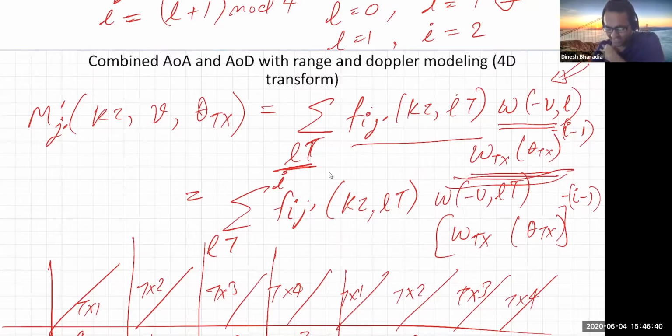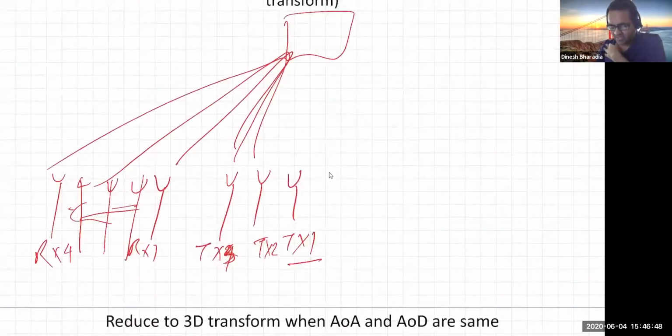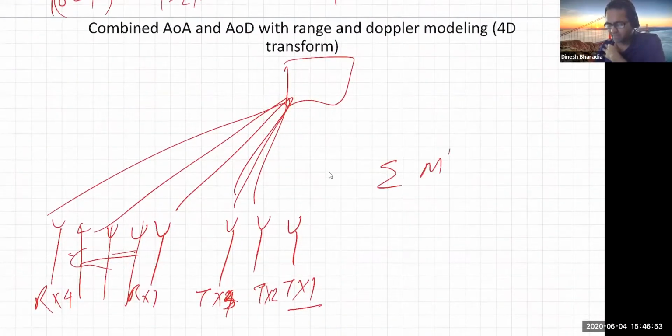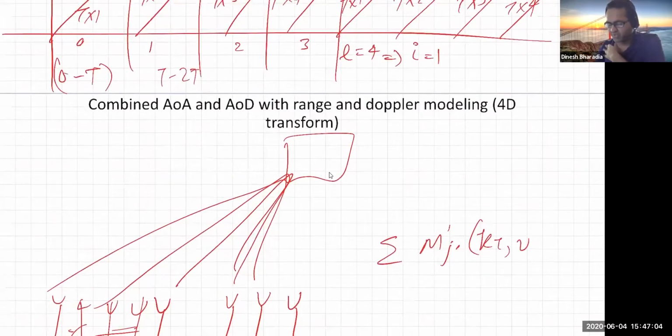Anyway, looking at this iterative function, the next thing we can do is sum over M prime J prime, which is a function of k, tau, nu, and theta TX, with omega RX minus J prime minus 1, summed over J prime.